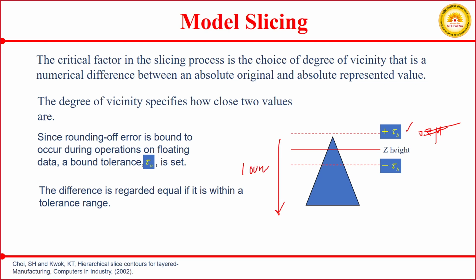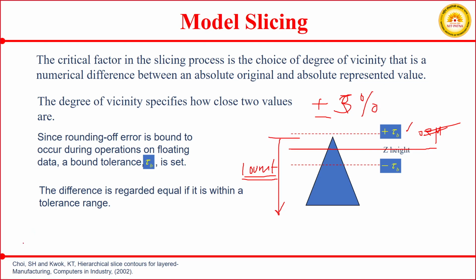Maybe this is in micrometer. Okay, so suppose it is 10 and you have a slicing plane which is passing through this z height, which is written as your layer thickness, and you have a tolerance of 2% or 5% plus minus.